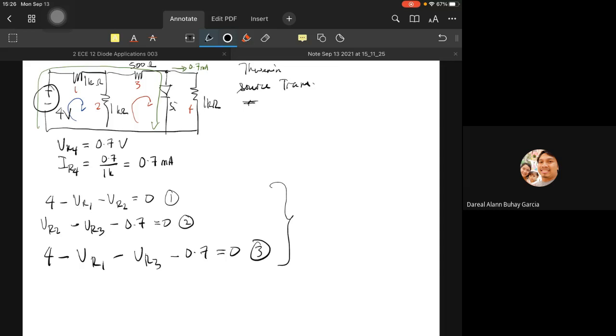Kani makailan ni sa calculator. Hindi siya ma-solve sa calculator. 0, 1, negative 1, 0.7.